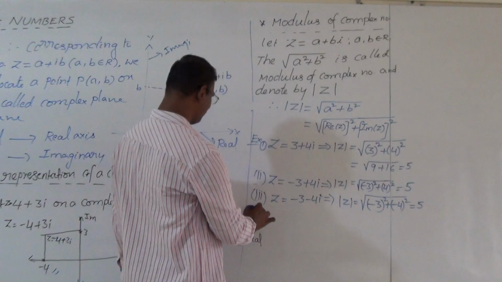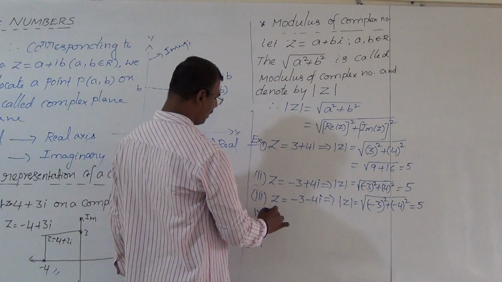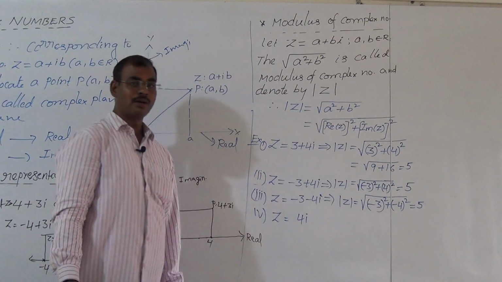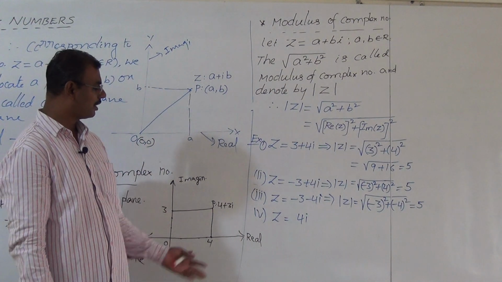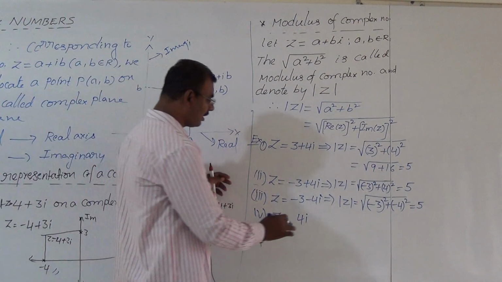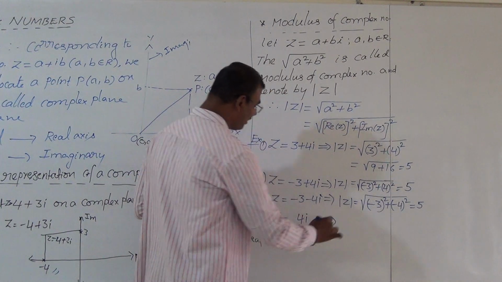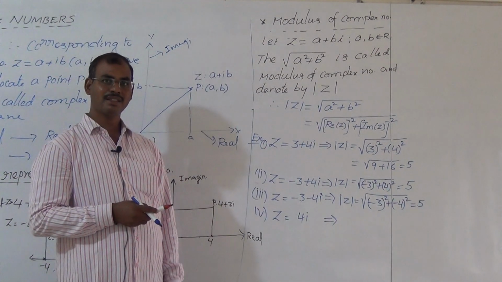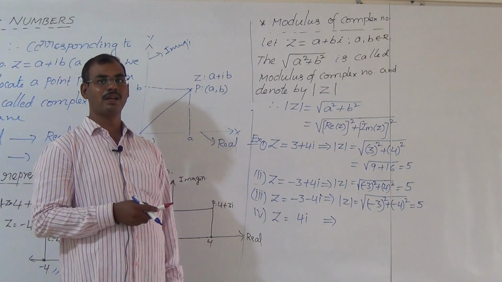Like any number, not only this. For example, find the modulus of a number z equal to 4 iota. 4 iota only. So in this case, what is the real part? Is it in a plus iota b form? Yes, it is in the form of a plus iota b.